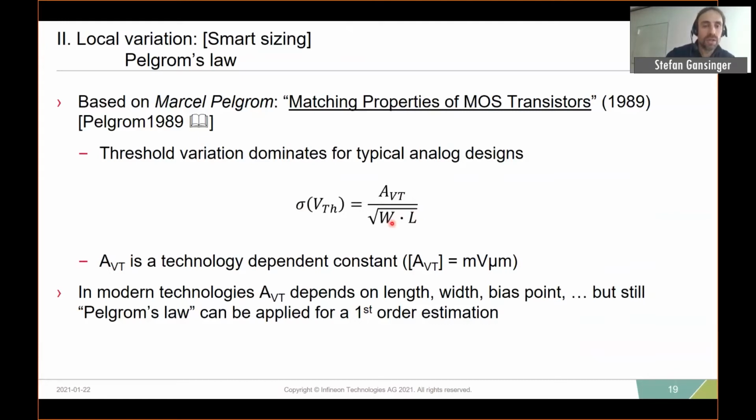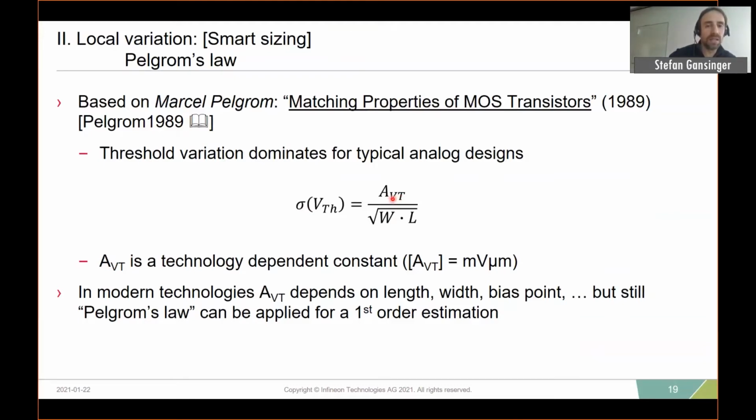What you should also know is that the so-called Pelgrom law, so from this paper, isn't valid for modern technologies. So when we look at modern technologies, we see that this process constant depends on a lot of things. So it depends on the sizing again, so the length, the width, but also on the bias point.